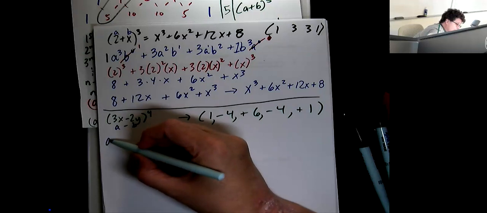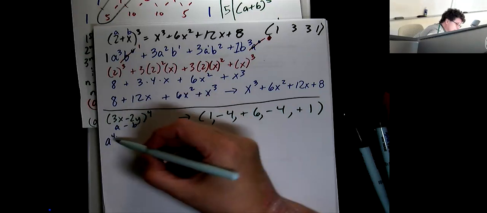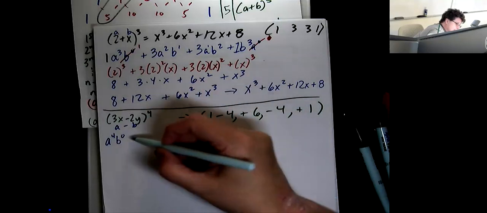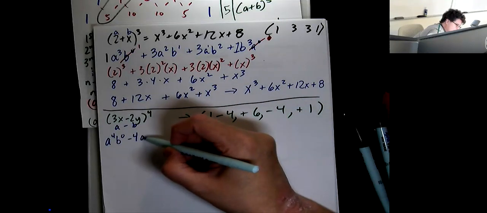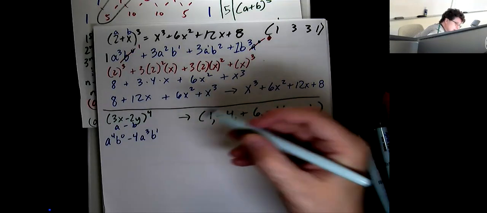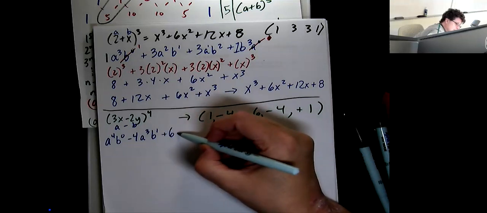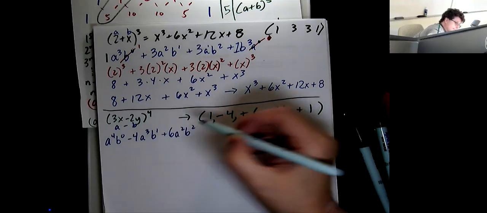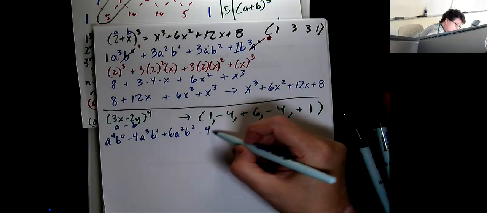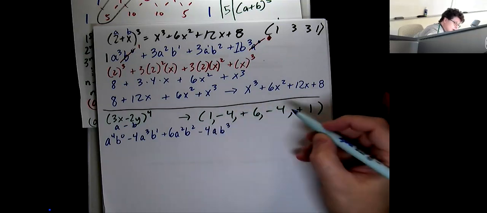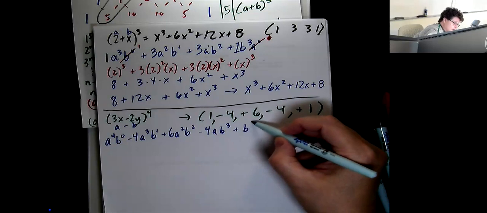I have a to the 4th, b to the 0, minus 4, a cubed b to the 1st, plus 6, a squared b squared, minus 4, a b cubed, plus b to the 4th.